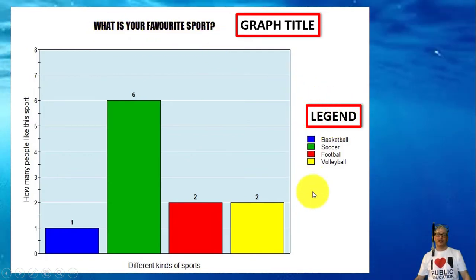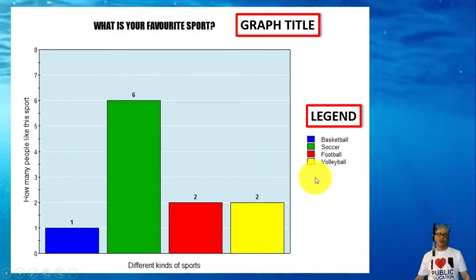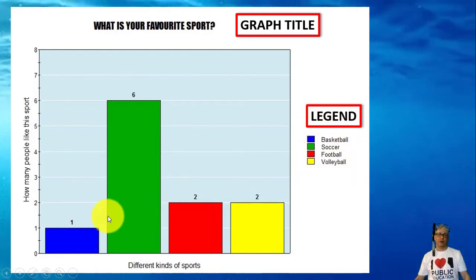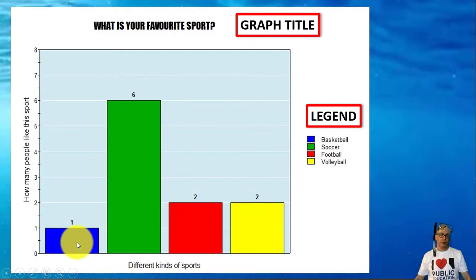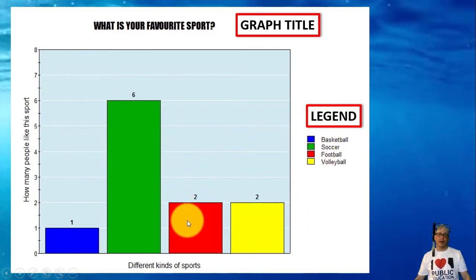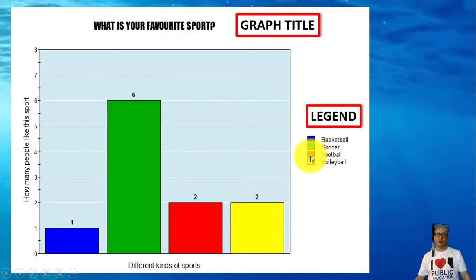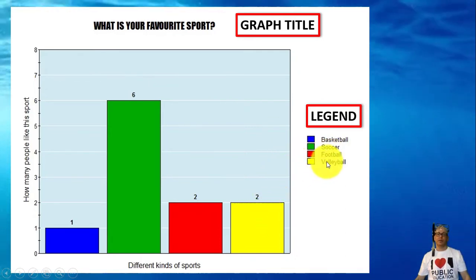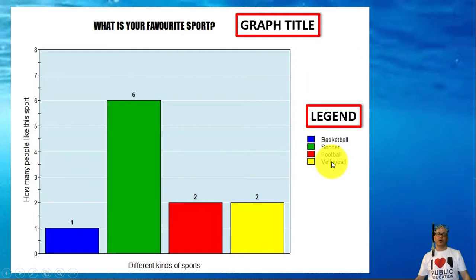This is your legend. Your legend tells you what each of the colors mean. The blue color is the people who liked basketball. The green color is the people who liked soccer. The red color is the people who liked football. The yellow is the people who liked volleyball.